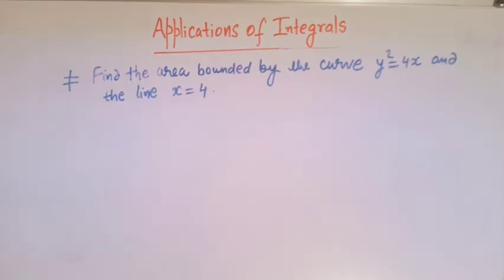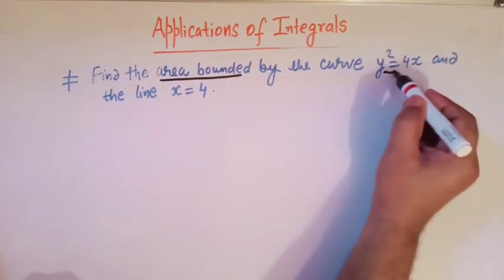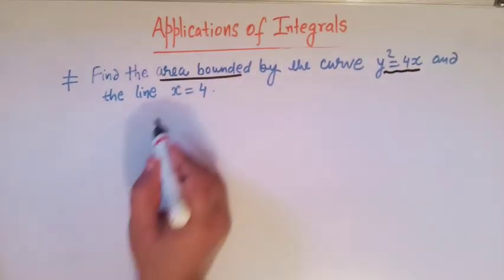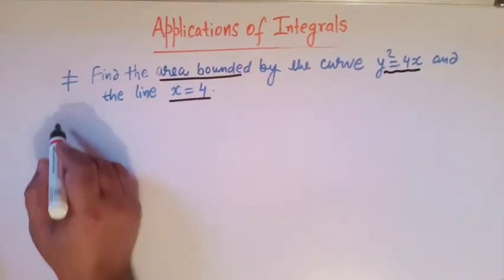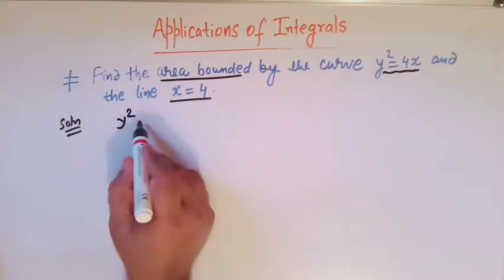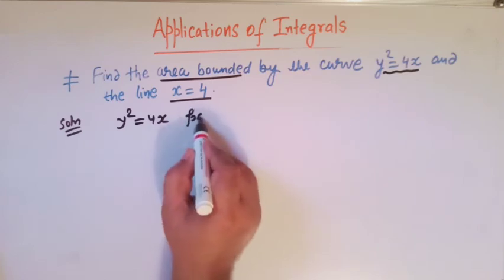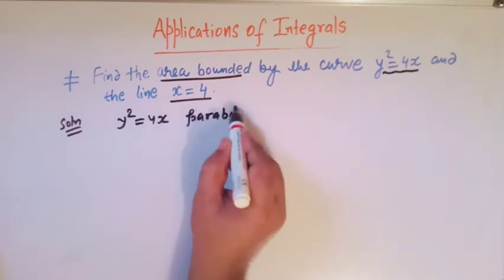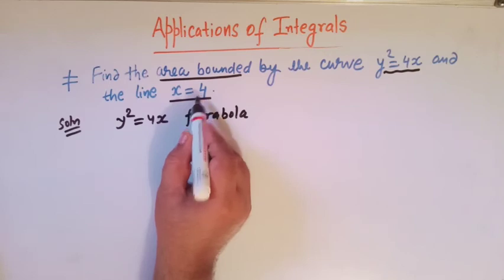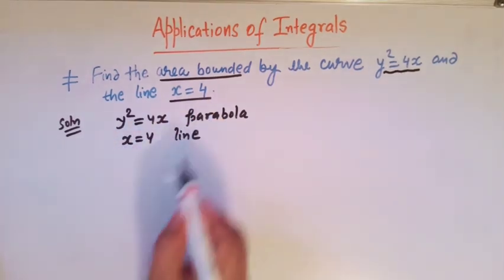Now viewers, here we have to find the area bounded by the curve y square is equal to 4x and the line x equal to 4. So here the equation of the curve is given as y square is equal to 4x, which is a parabola, and the other curve is x equal to 4, and this is a line, right?